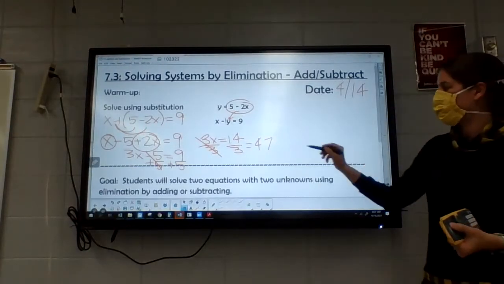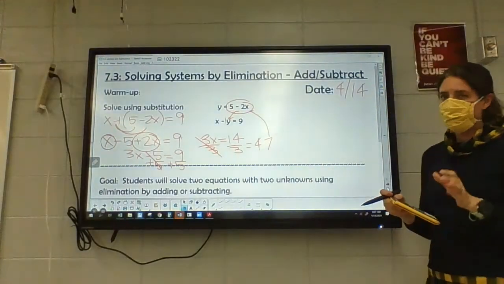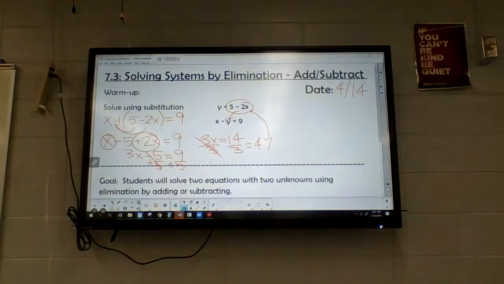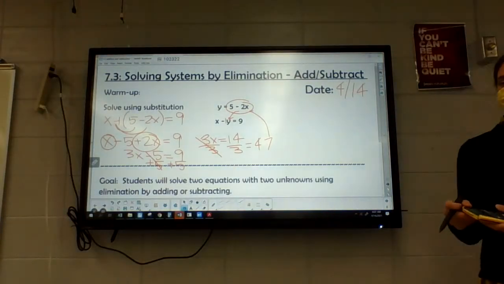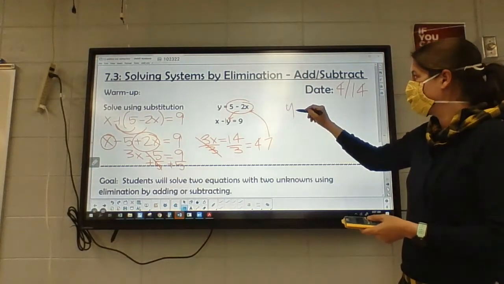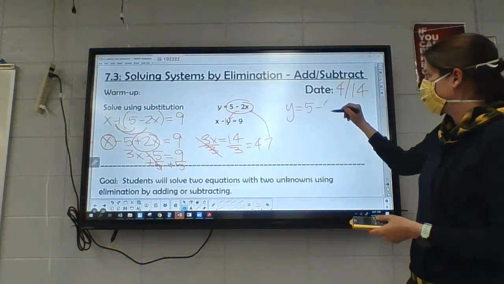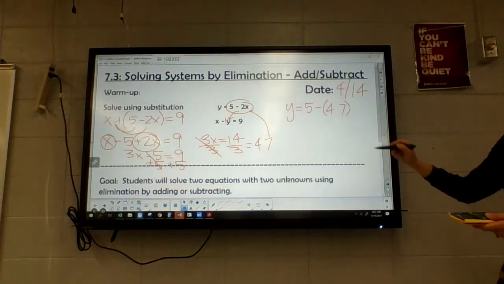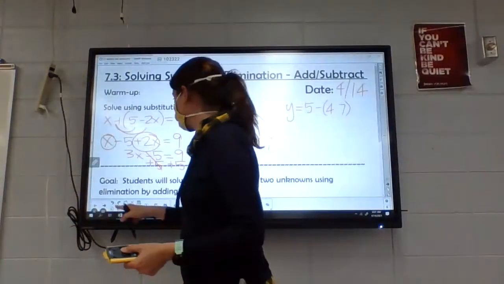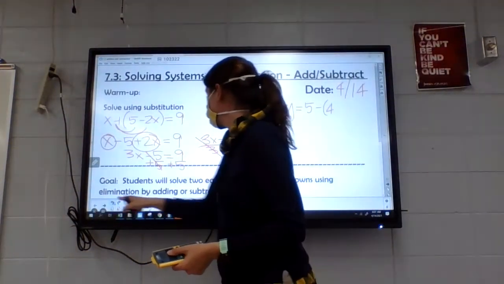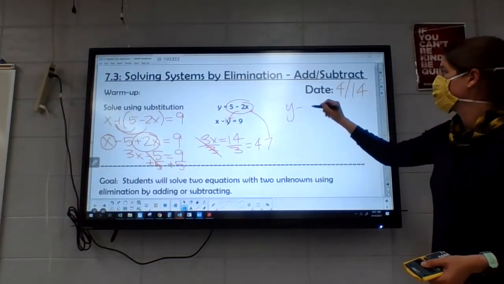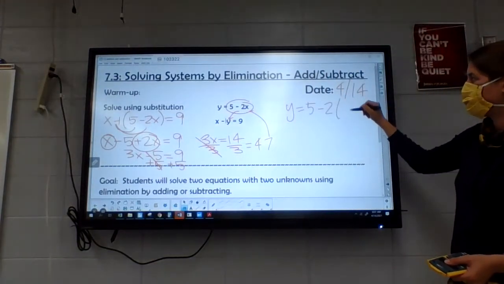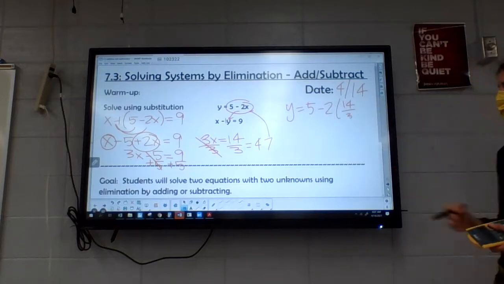So when I go to put that back in, what I do is I leave this value in my calculator and use it, or I leave it as a fraction. Either way is going to give you a little more accurate of an answer. So, 2 times 4.7. Actually, 14 over 3 is a little bit better if I write it that way.